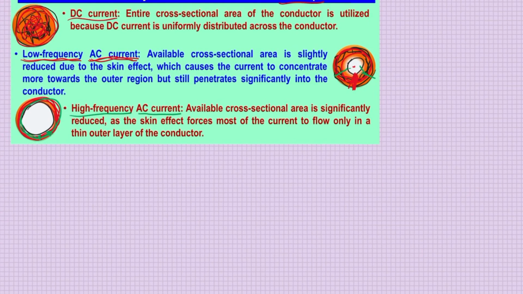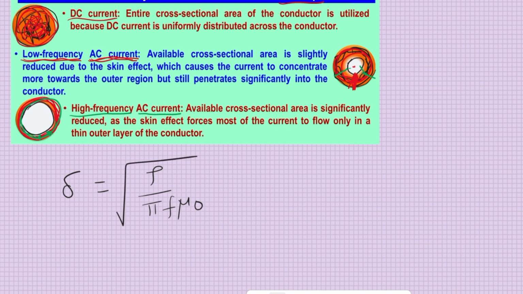Delta is equal to the root of rho divided by pi f mu naught. This is the general relation to get the skin depth.